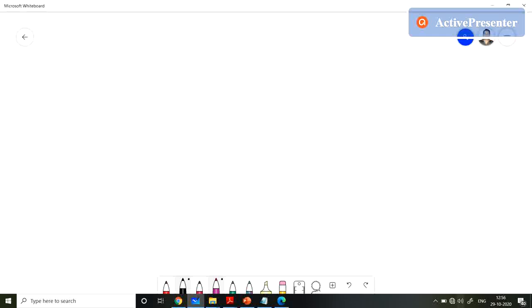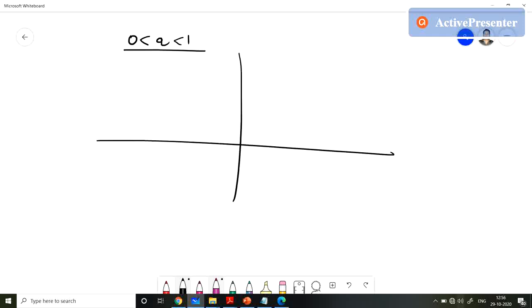Let us plot x(n) when 0 is less than a less than 1. When a is between 0 and 1, we can plot this value of x(n), and the plot is like this.